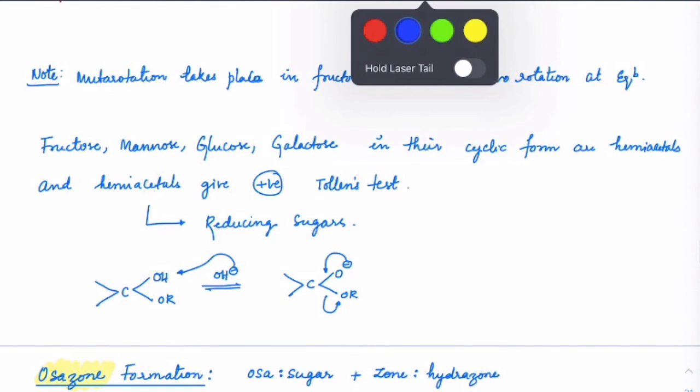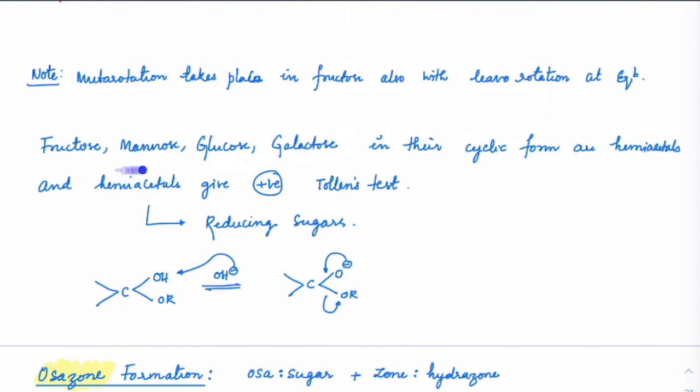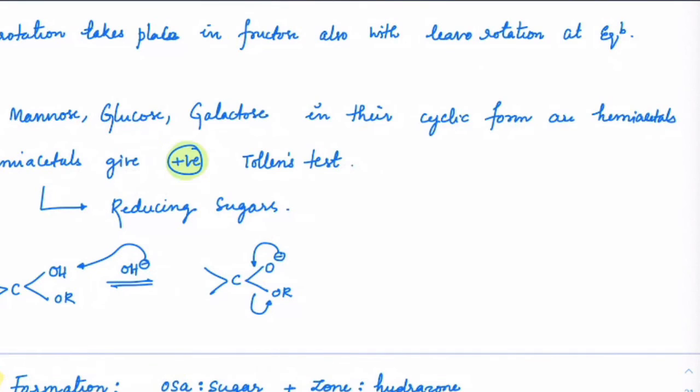So fructose, mannose, glucose, galactose, right? All of them in their cyclic form are acetals, hemiacetals, correct? And we know that hemiacetals, when they are in a cyclic form, will give a positive test to Tollens. Today morning also somebody was asking which groups will give a positive test to Tollens. Check out: aldehyde, positive test.